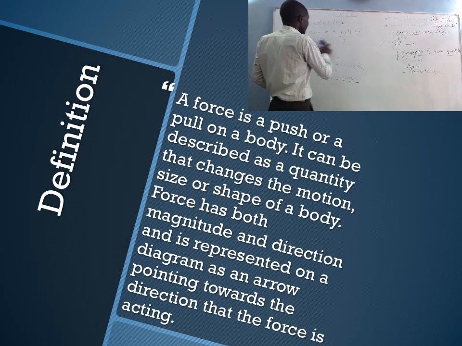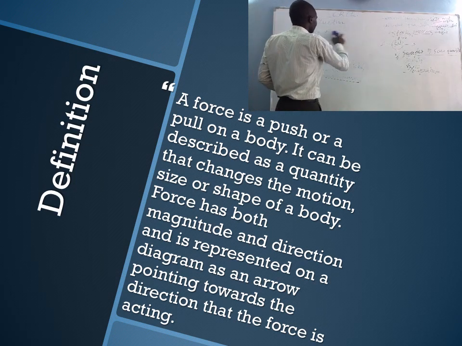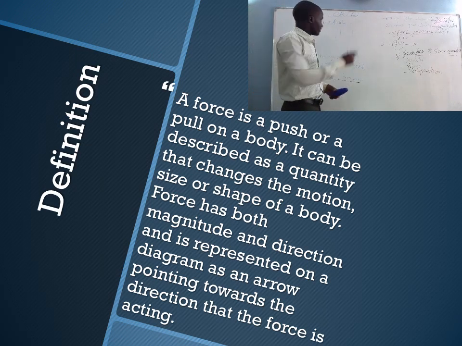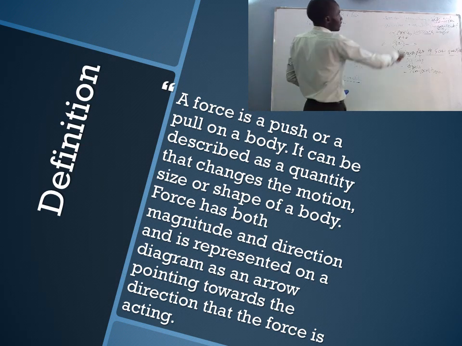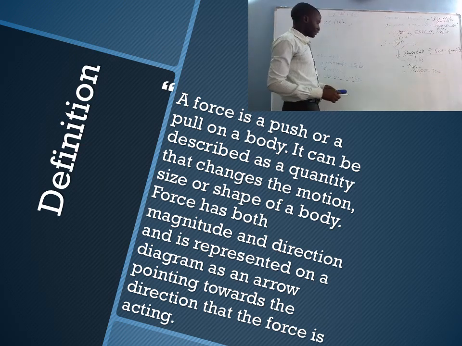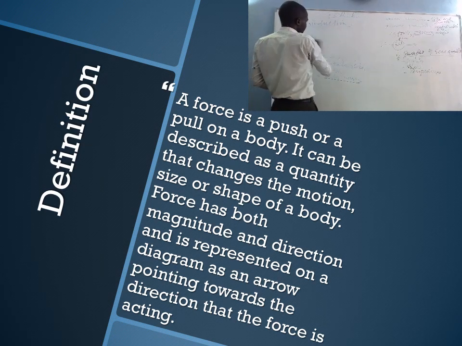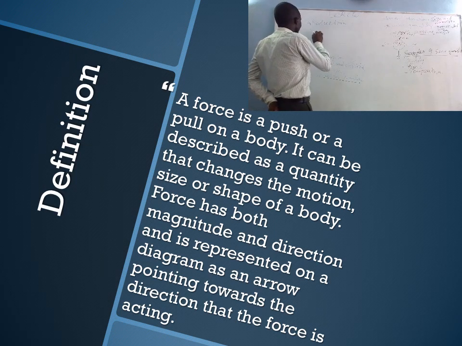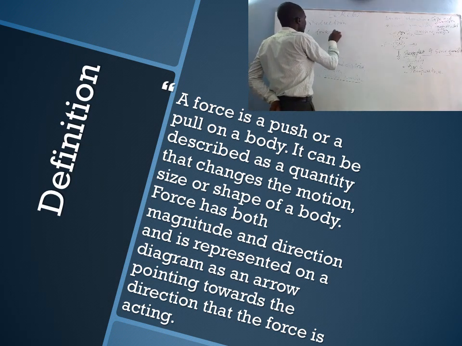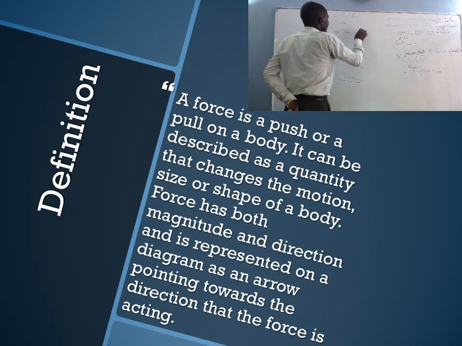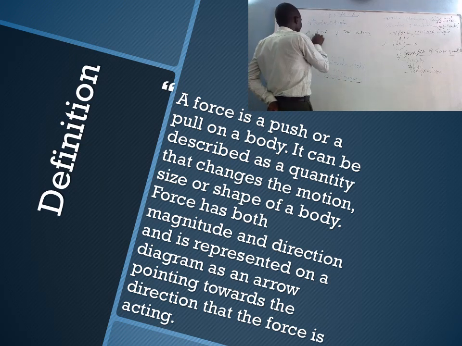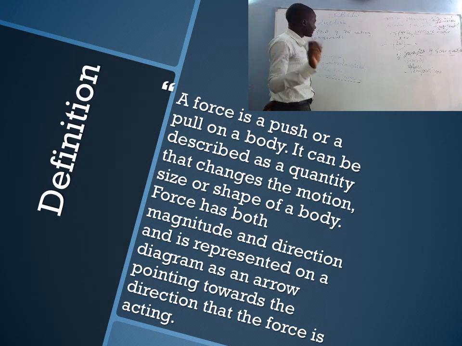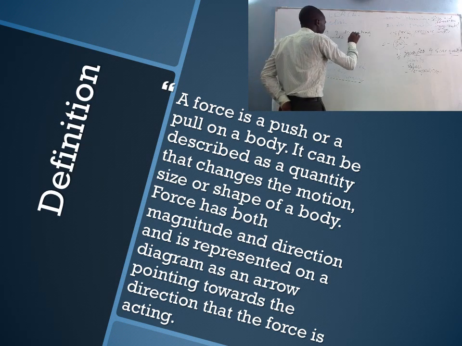Therefore, in terms of representation, we must represent the force in terms of the size and also in terms of the direction. For example, a force of 3 newtons acting downwards will be represented with an arrow.